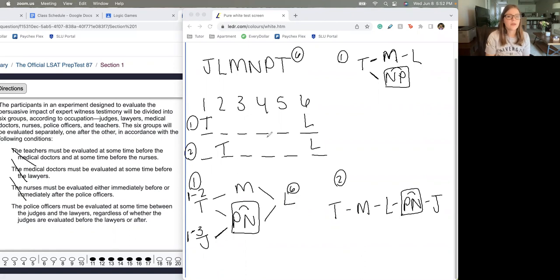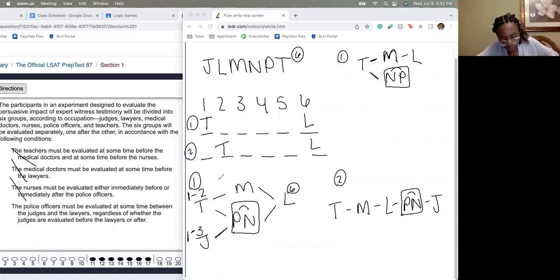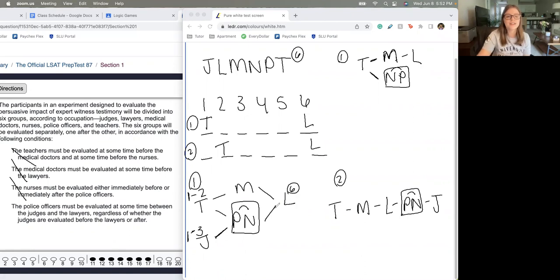Generally, questions on this kind of game, where we have these tree diagrams, are going to ask you how many people can go on spot 3, or what's the latest T can go. Having an idea of their ranges is really helpful, because I can ask, how many people can be in spot 1?